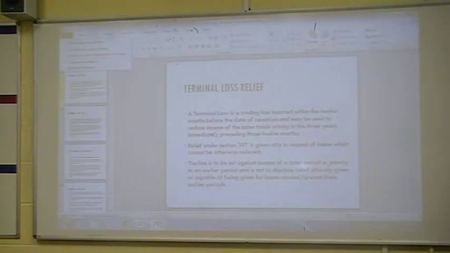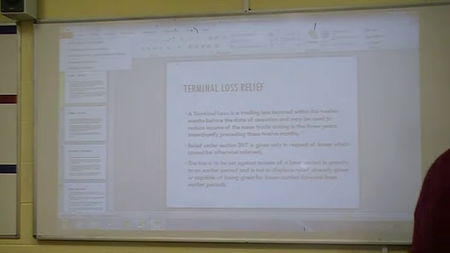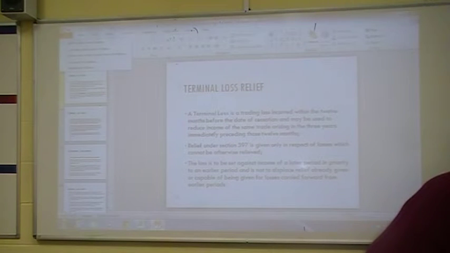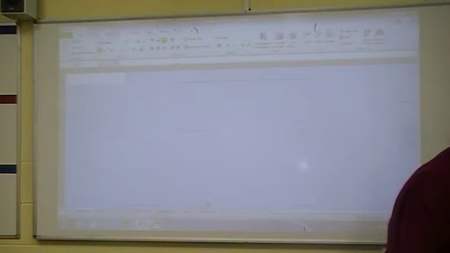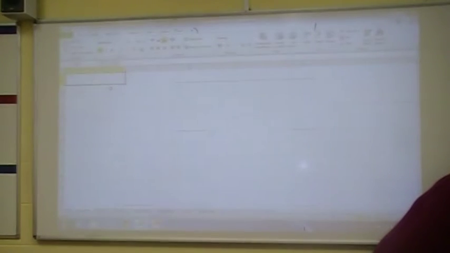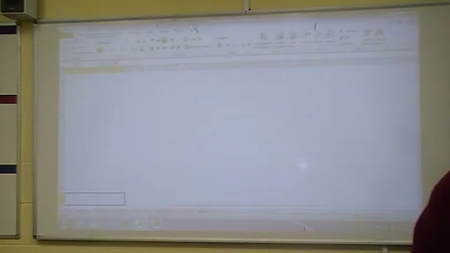I want to do the question on page 5 of that handout first. It's the case 5 capital allowances, where they've got a good lot of capital allowances they can actually use. Beta has the following income and allowances.